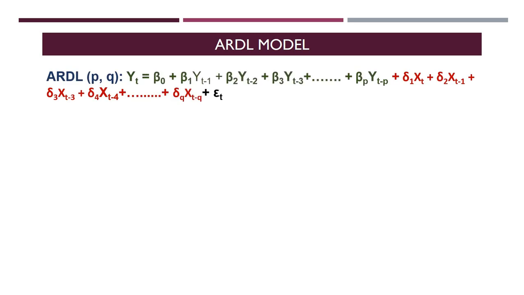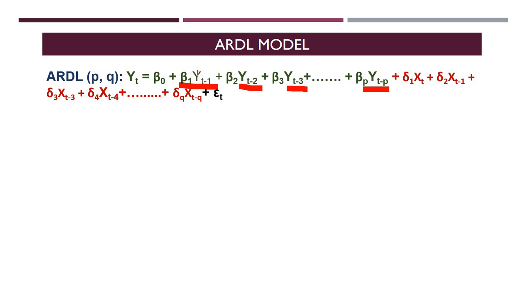Now this was the equation that we learned in the previous lectures: yt, where y is your dependent variable, that means today's value of the dependent variable depends on lag 1, the previous value of the dependent variable, or lag 2, lag 3, or let's say lag n of the dependent variable.